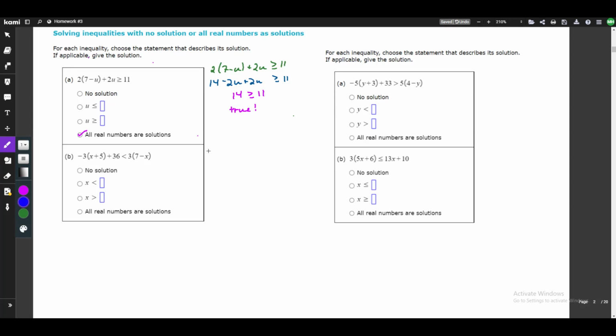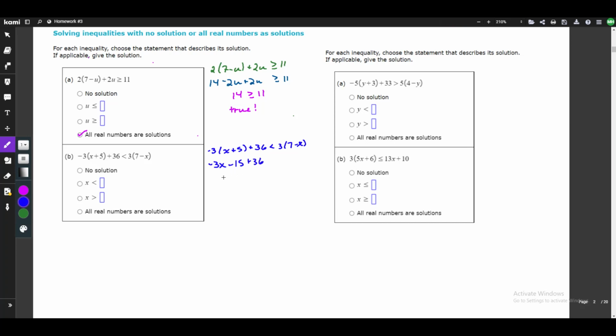If I do the next one, which is the negative 3 times x plus 5, plus 36 is less than 3 times 7 minus x. I have to distribute on my left and distribute on the right. So I have negative 3x minus 15 plus 36.